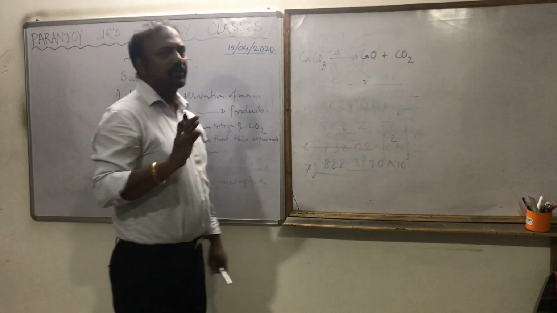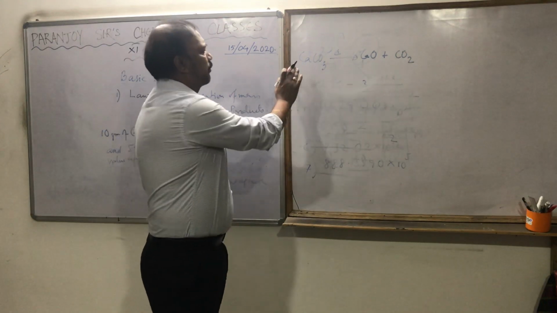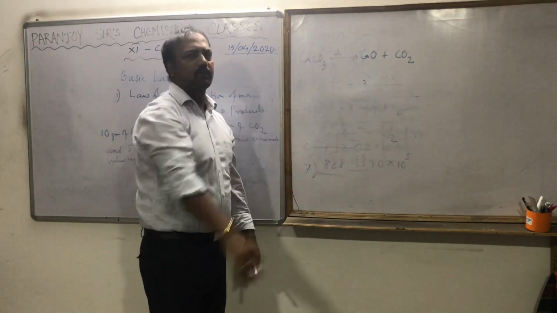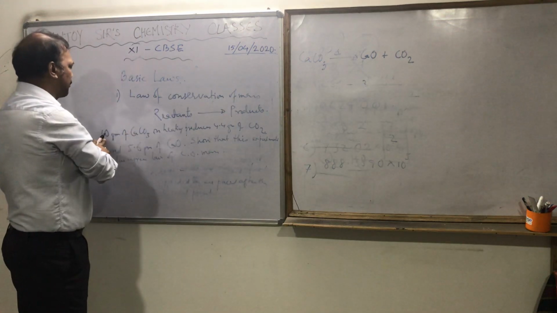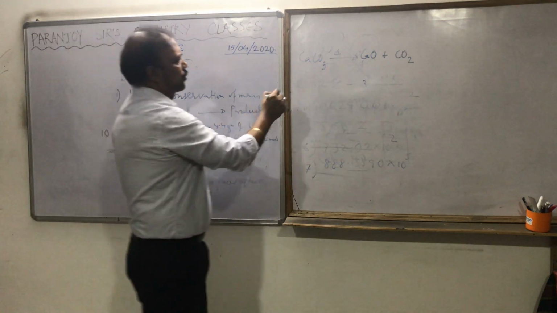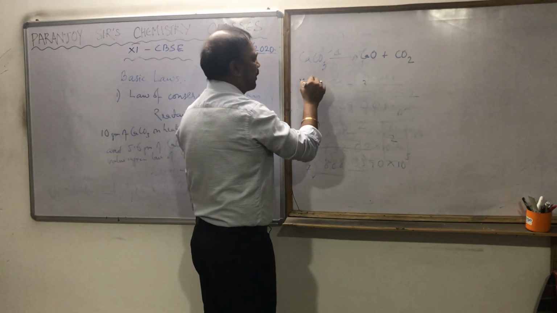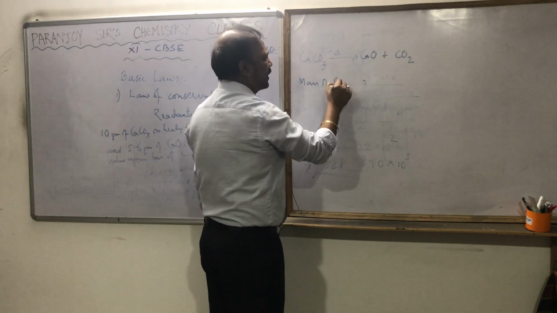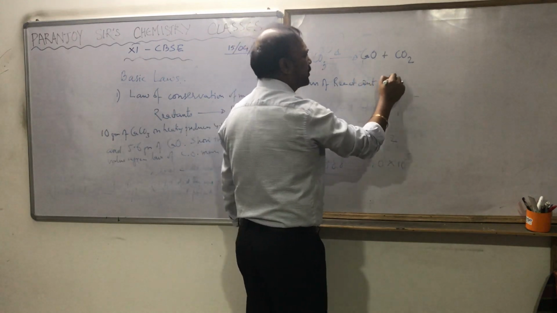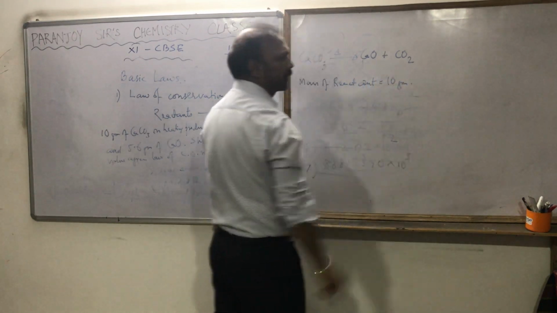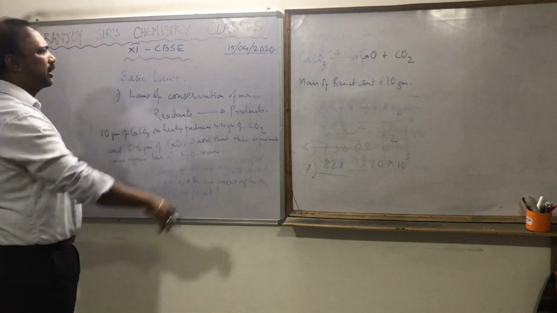What is law of conservation of mass? The total mass of the reactants must be equal to the total mass of the products. So what is the mass of the reactant? See how much calcium carbonate was taken? 10 gram. So, this is called framing. Mass of reactant equal to how much? 10 gram. What is the total mass of the products?